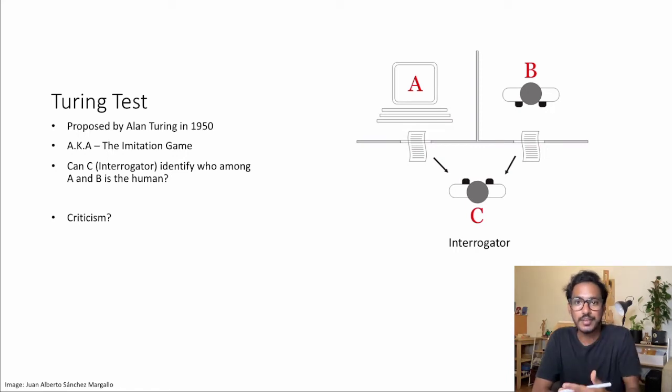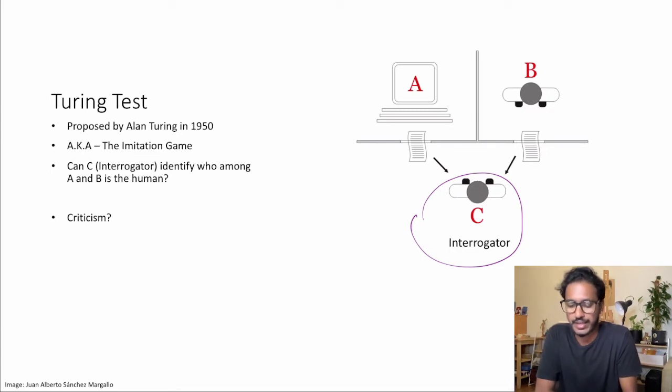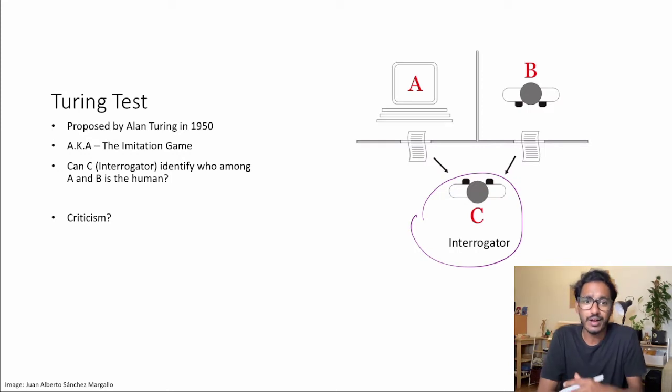And similarly, Turing proposes that if an interrogator, shown as C here, cannot identify who is the computer amongst A and B, or rather we can say that if A can convince the interrogator that it is not a computer but it is human, then that is true artificial intelligence.